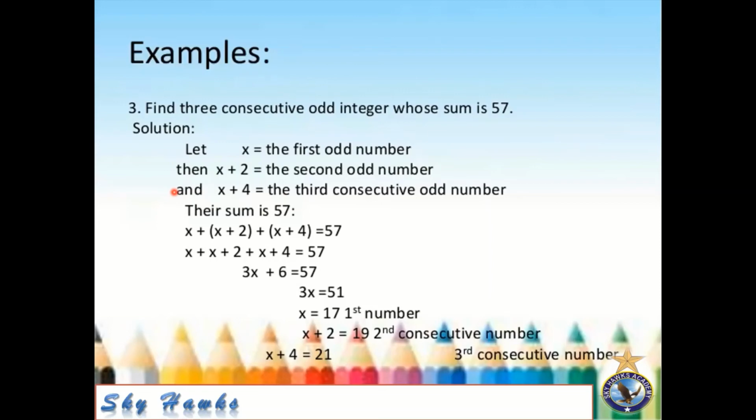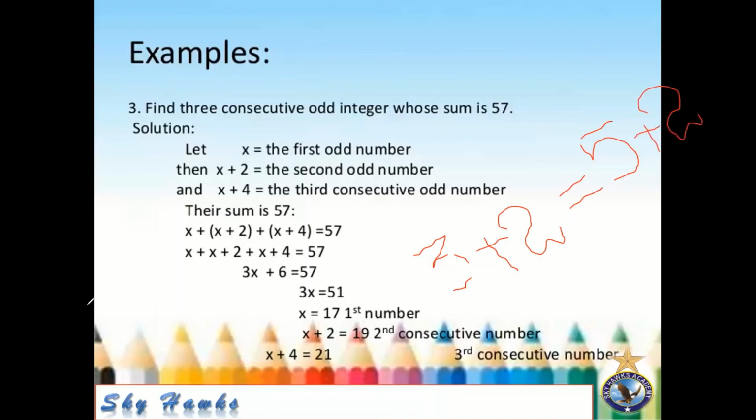Let's suppose, think about any odd number. 3. 3 is your odd number. So, to get the next consecutive odd number, what should be added? 2. 5. And what should be added to get the next? 2.